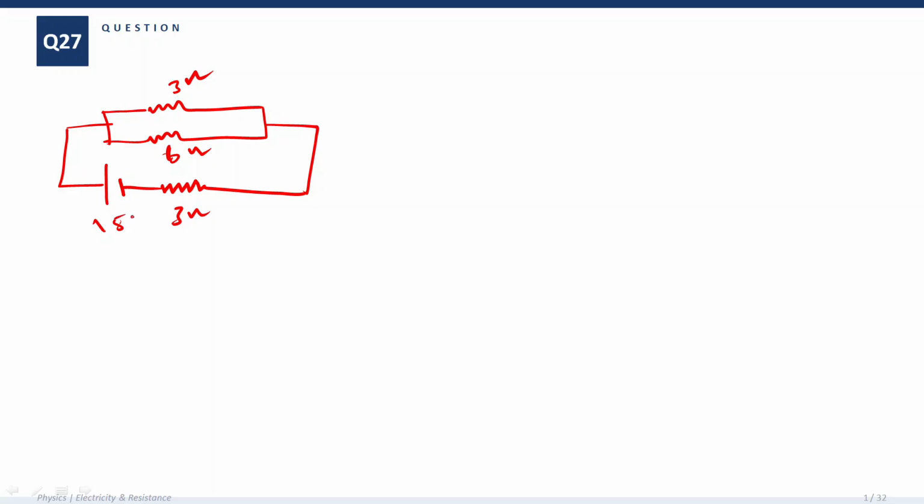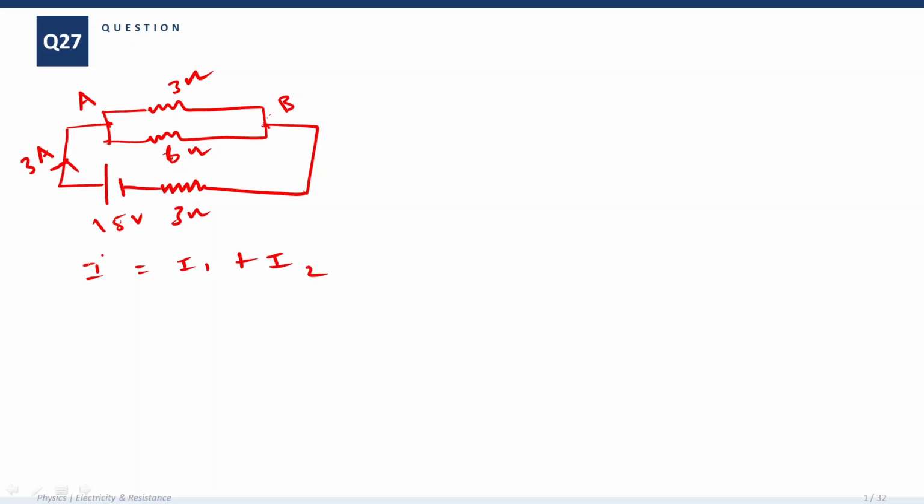Battery is 15 volt. Current flows from higher potential to lower potential, and we found it is 3 amperes. Here, this is the point we can call junction. So A and B we can call junction points. At junction, I will write the current: I equal to I1 plus I2.